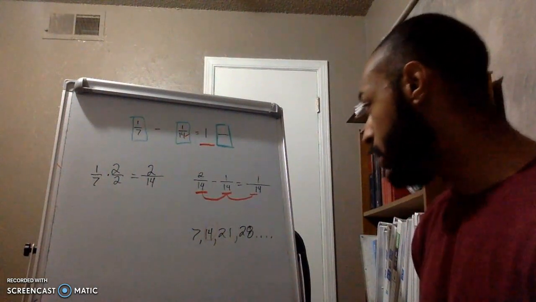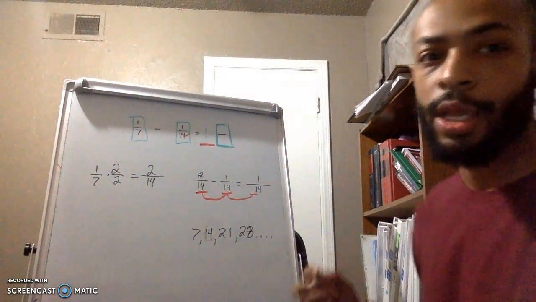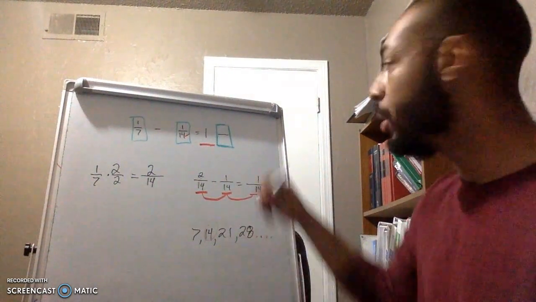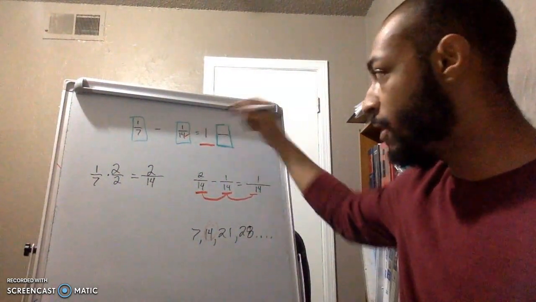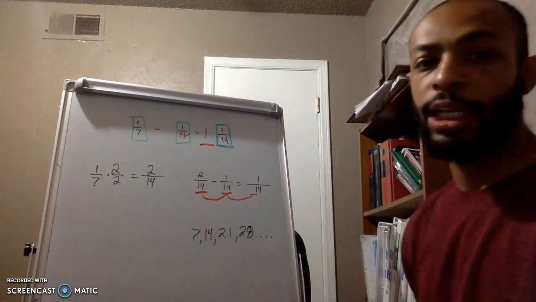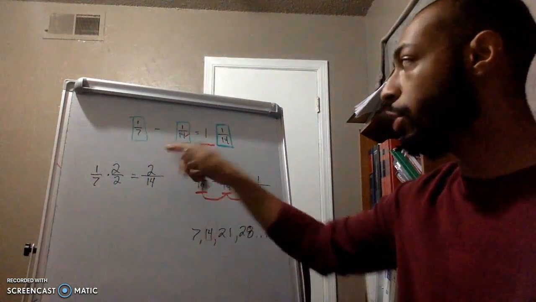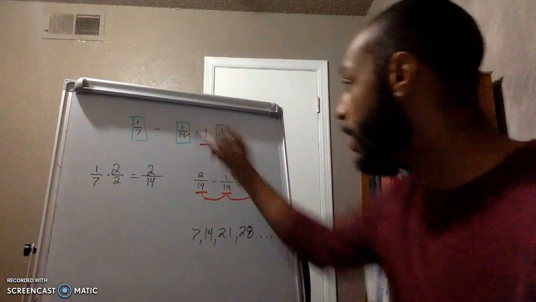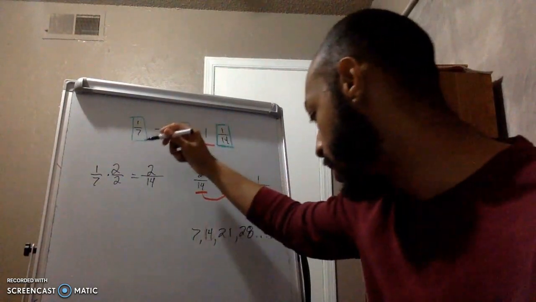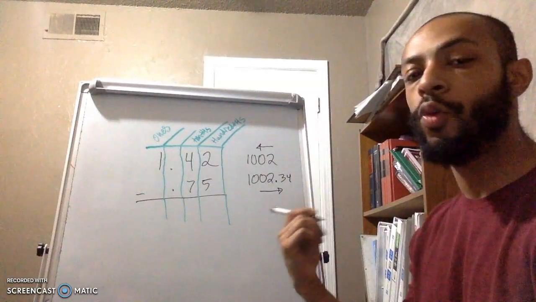And so it's going to give us 1/14. But we're not done yet. We have to remember that we have this 1 up here. So we just plug that back into the equation. It's going to give us 1 and 1/14, which looks similar to what we had here before of the 4 and the 5.